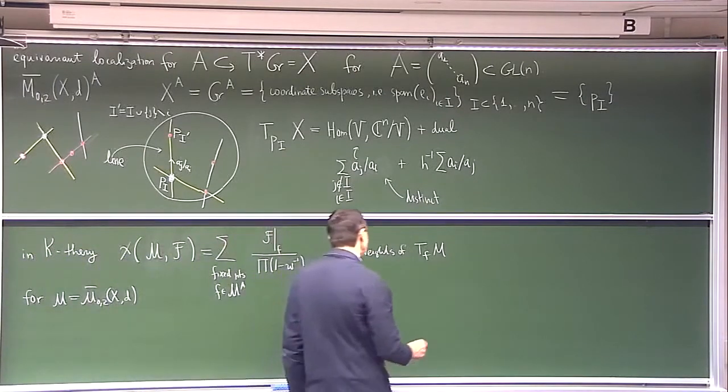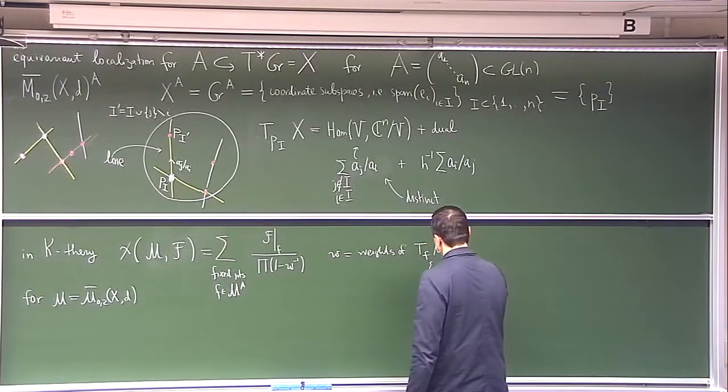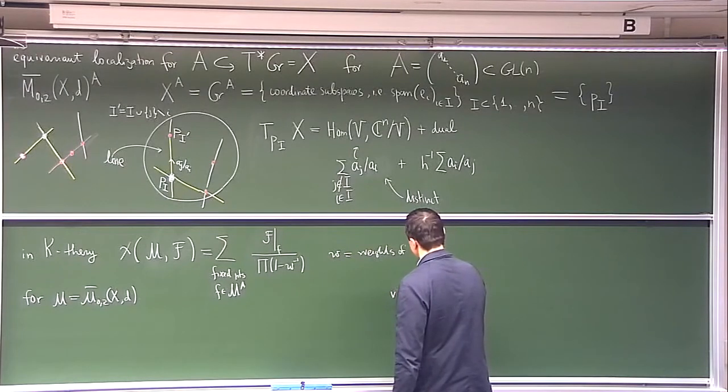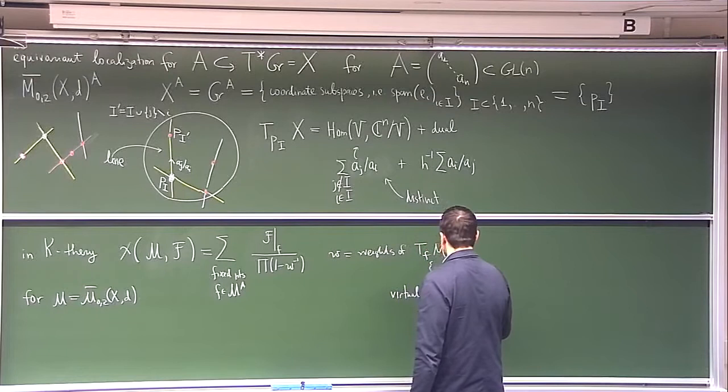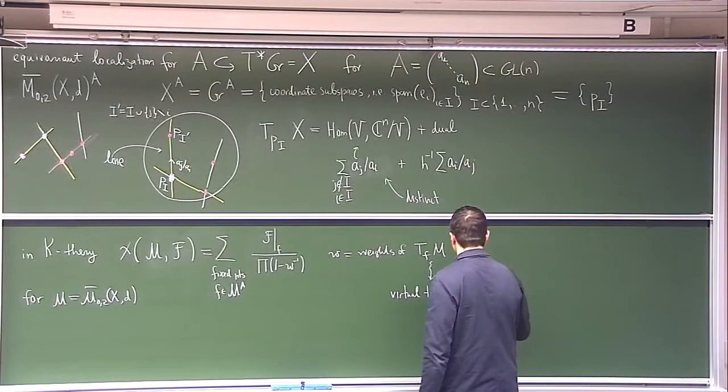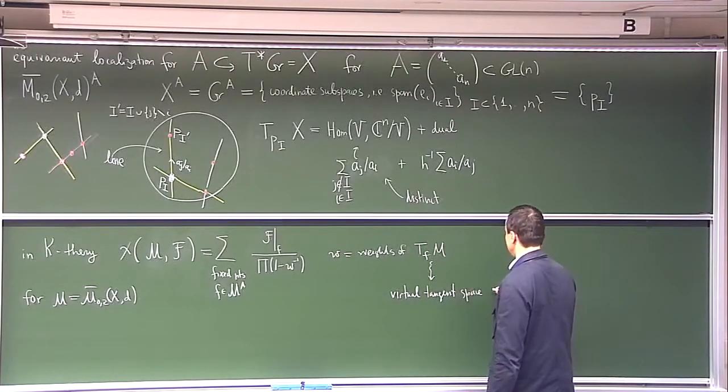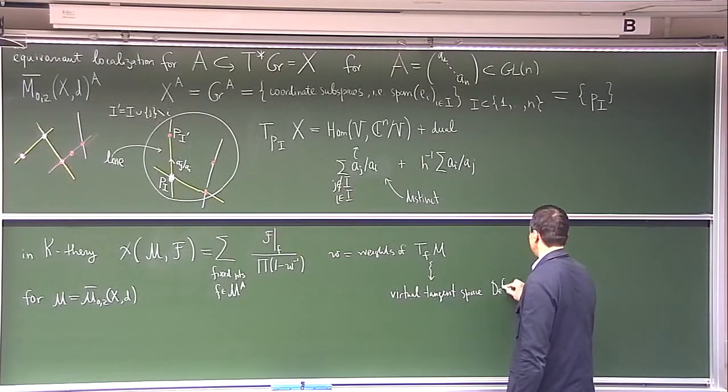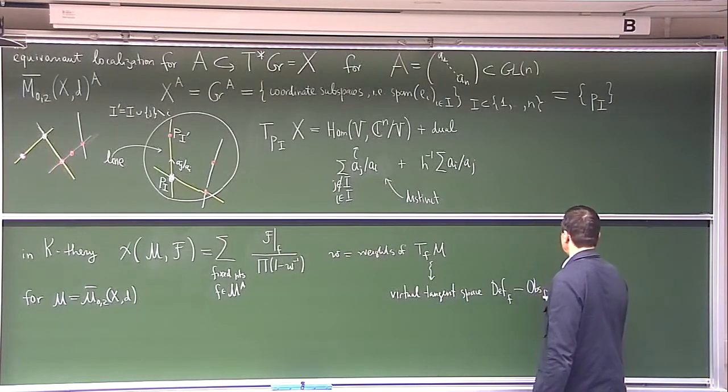First of all, the tangent space becomes the virtual tangent space, which is the difference between the deformations at F and the obstructions at F.